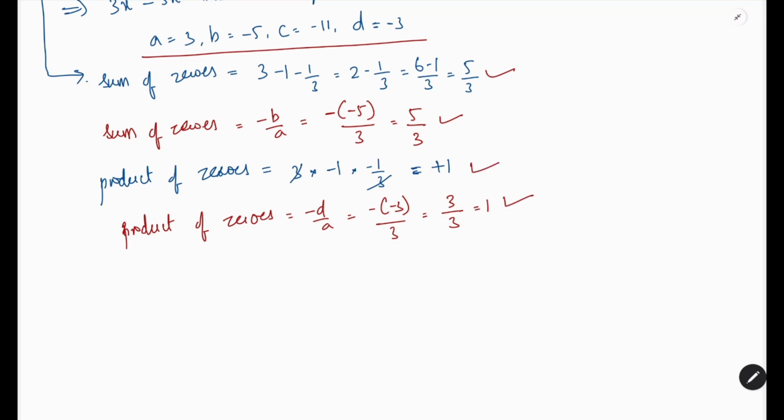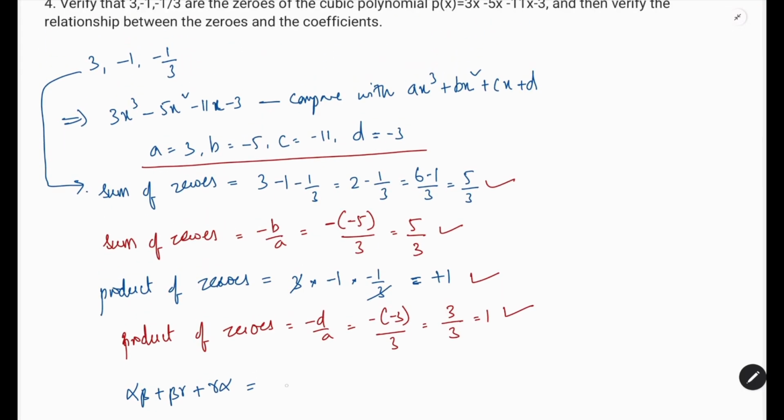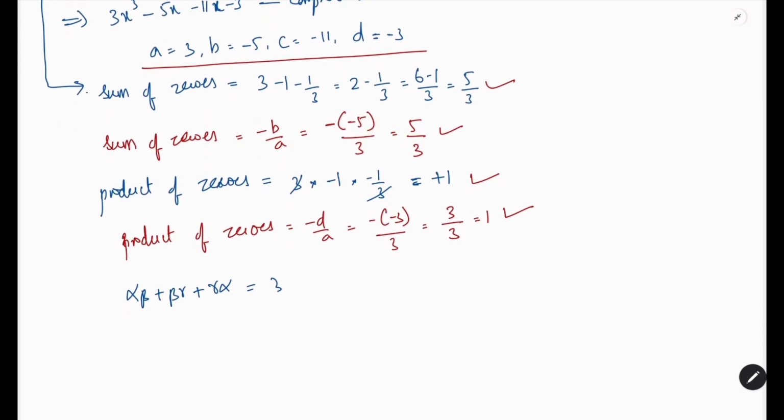And we have another one, right? Alpha beta plus beta gamma plus gamma alpha. From this we will see 3 into minus 1, plus minus 1 into minus 1 by 3, plus minus 1 by 3 into 3.